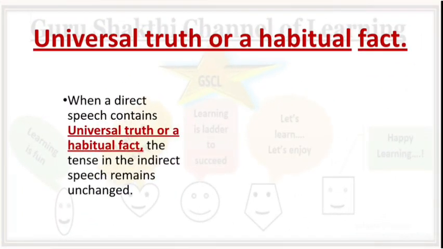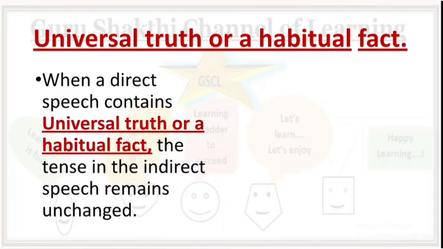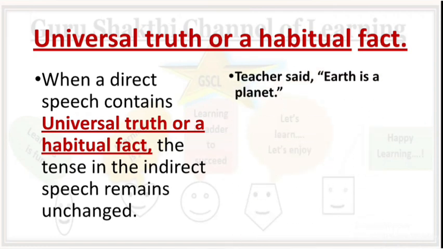Here is an exemption. If the reported speech is actually a universal truth or a habitual fact, its tense remains unchanged even if the reporting verb is in past tense form. The teacher said Earth is a planet.